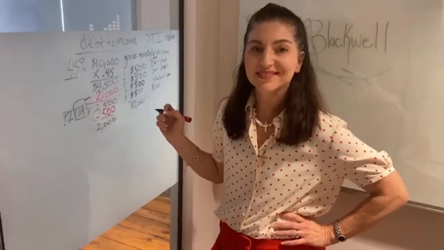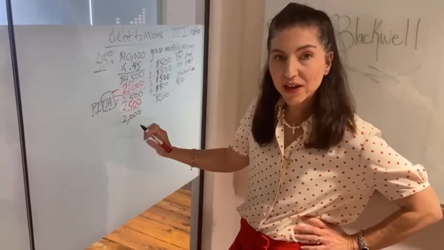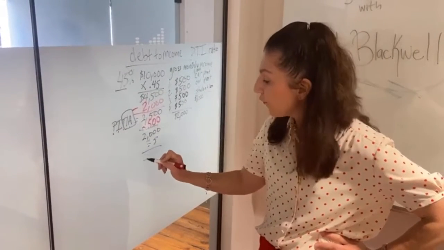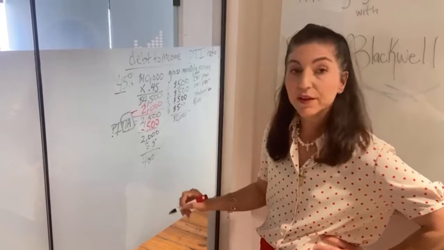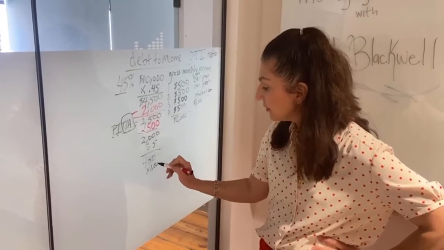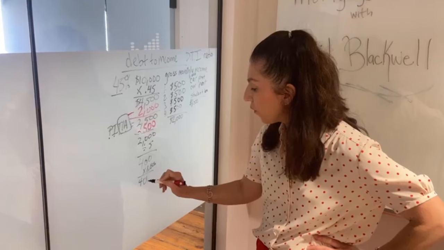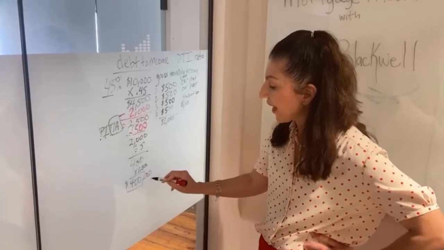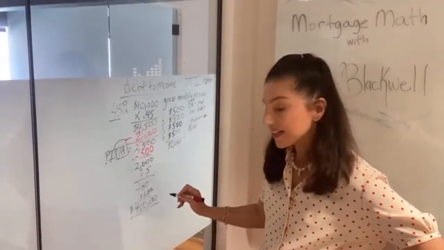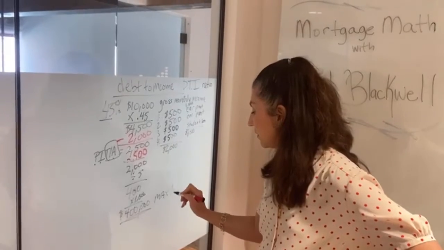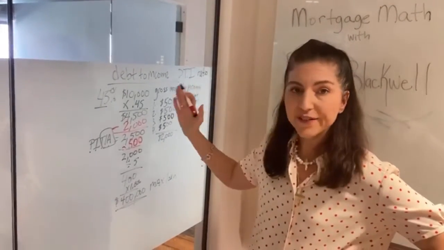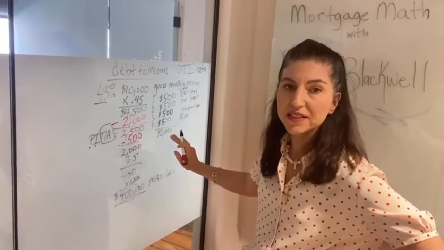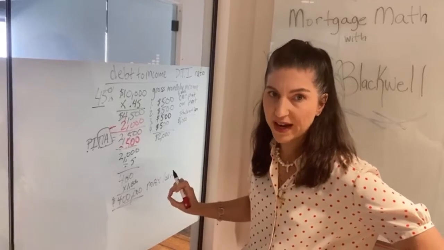So if I take this $2,000 and I divide it by 5, I'm going to get 400. 400 times 1,000 is a loan amount of $400,000. $400,000 is the max loan that our family here, making $10,000 a month with $2,000 in existing debt, can be qualified for.